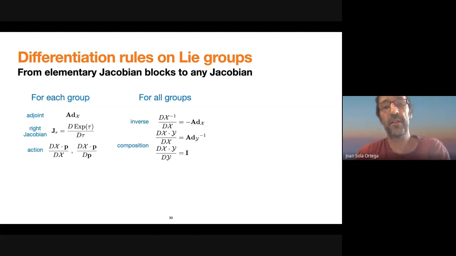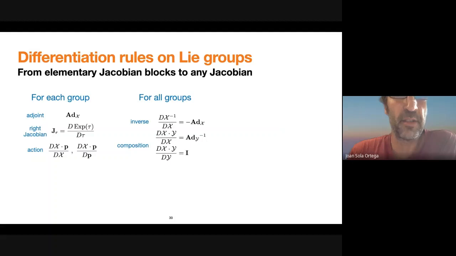Then we also have that inverse and composition have these forms for all groups. So the derivative of the inverse of an element of a group with respect to itself is always minus the adjoint of the group. So it's good to know the adjoint, because now you have, for all groups, that the derivative of the inverse is minus the adjoint.